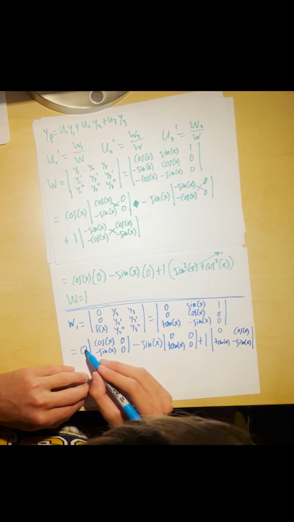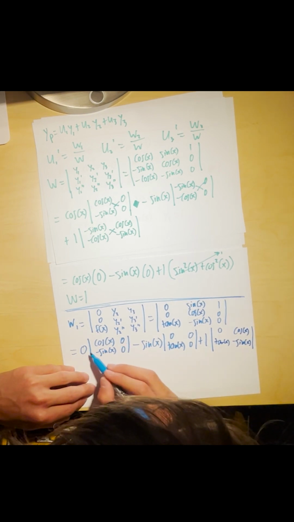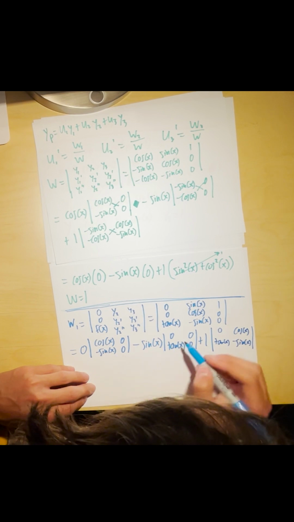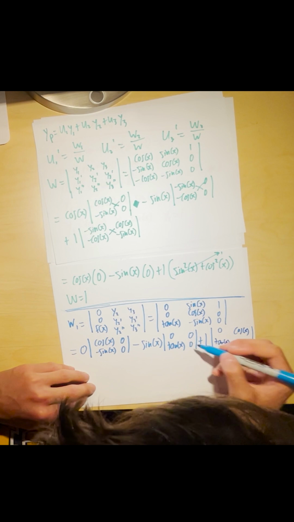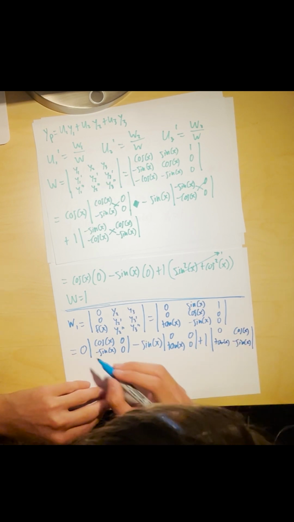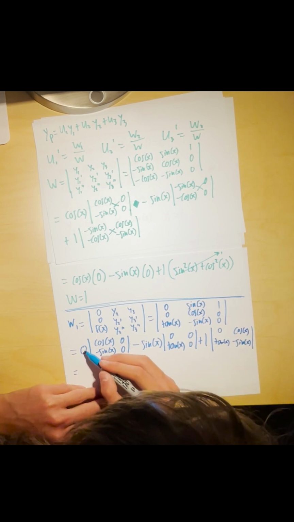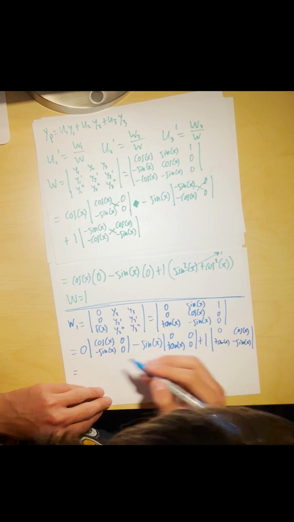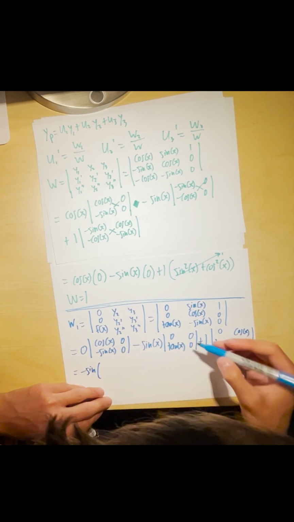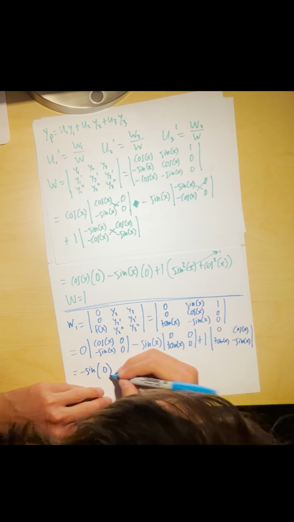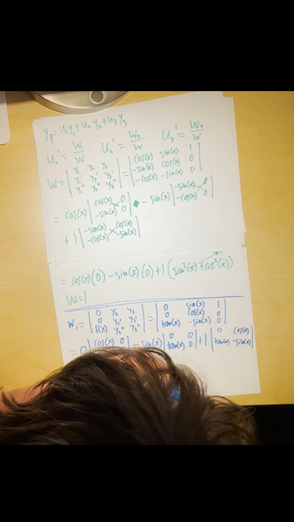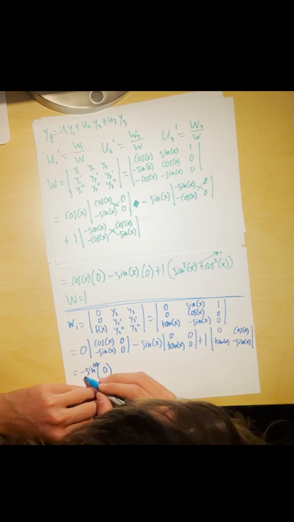And so we see these both go to 0. The first one goes to 0 because it's multiplied by 0. The second one is negative sine times, so 0 minus 0 is 0. Sine of x times 0. So this is just 0.